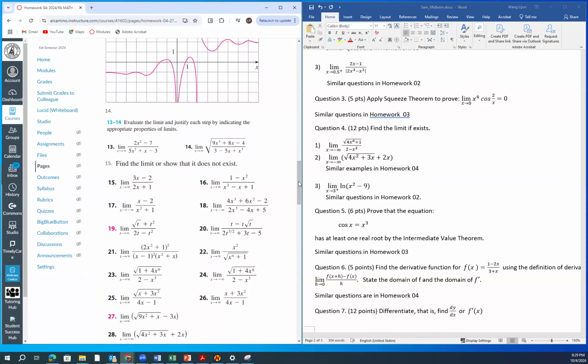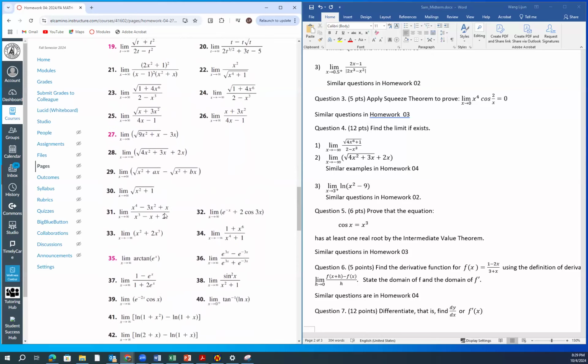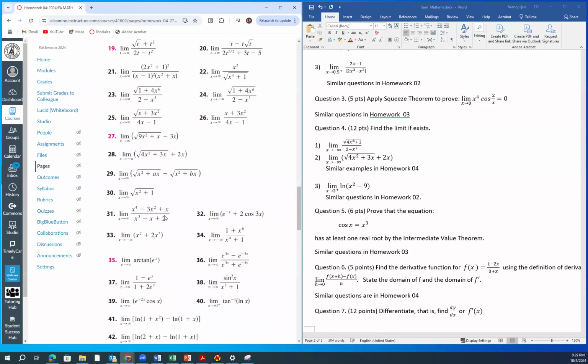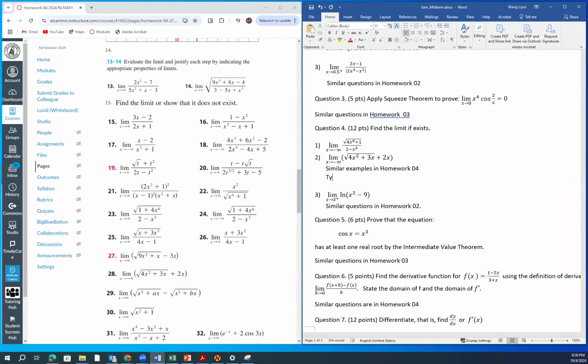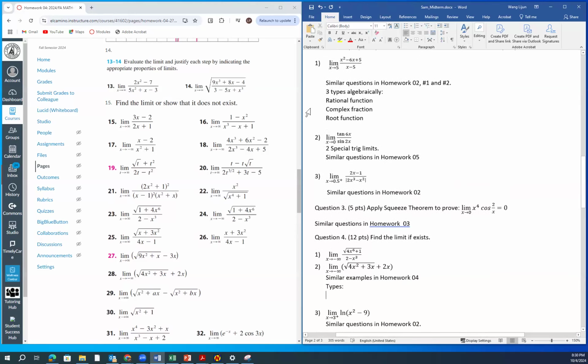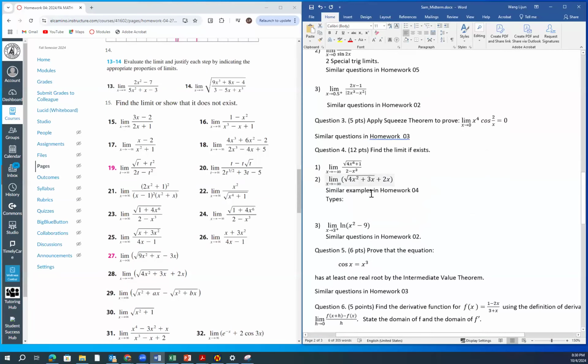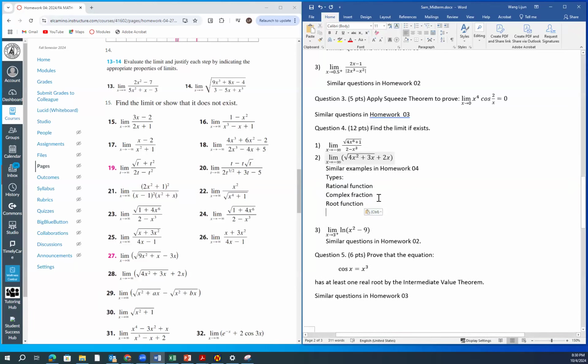So once again, limit at infinity. We also have, I would say, these types. What are the types, right? The first type is just rational functions, similar to that. I show you the copy and paste so you know that there are some similarities.